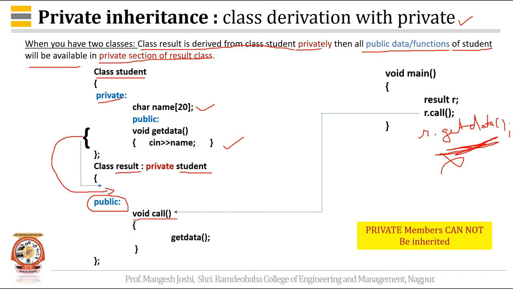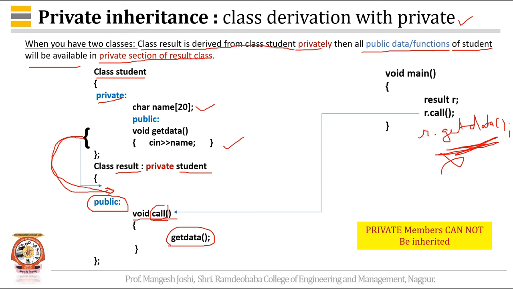Let us say I have added one more function, call, just to call the getData function. Now, where is this getData function available? Since it is declared privately, this function is available in the private section of the derived class. So just to call that private function, I have declared one more function, this call function.